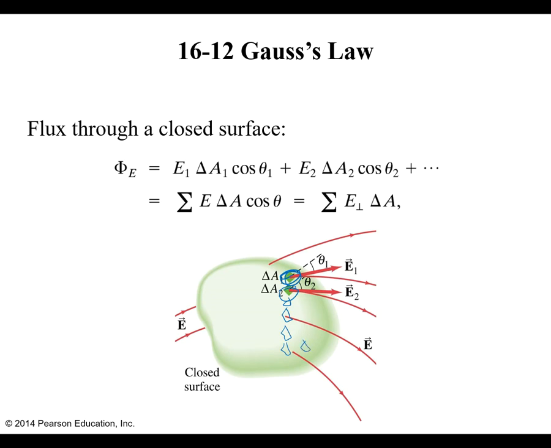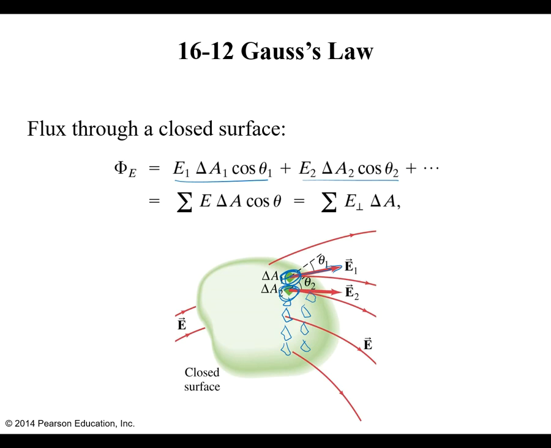You can imagine we'd have practically an infinite number of these. But we're just going to do a couple just to find it out. So the electric field that passes through the surface area 1 would be E1 A1 times the cosine of the angle between them. Around A2, it would be E2 A2 times the cosine of the angle between them, and so on for each of the areas. And we just add them up.